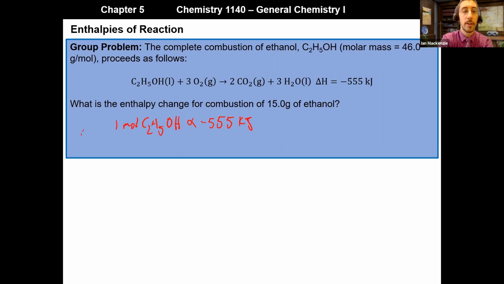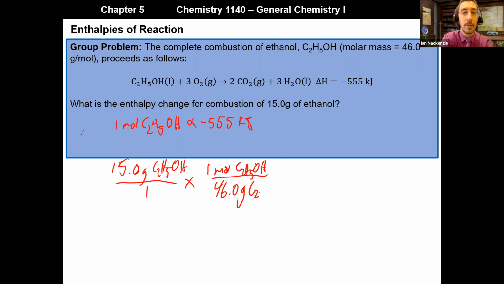So if I start with 15.0 grams of C2H5OH and use the molar mass, 1 mole of C2H5OH over 46.0 grams of C2H5OH.